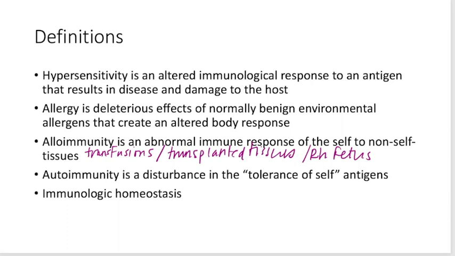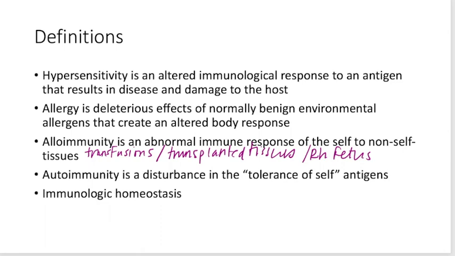Autoimmunity is the disturbance in tolerance of self. The immune system normally does not strongly recognize the individual's own antigens. Healthy individuals of all ages produce low quantities of antibodies against their own self, which are called autoantibodies, without the development of an autoimmune response. So we do produce autoimmunity.